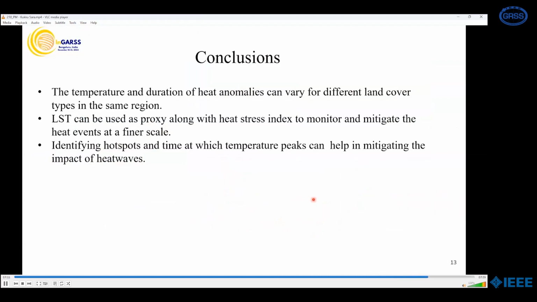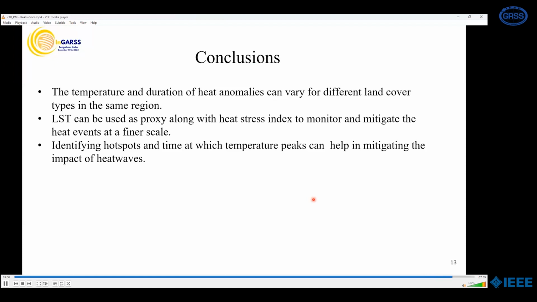Coming to the conclusions, the temperature and duration of heat anomalies can vary for different land cover types in the same region. Along with air temperature, LST can also be used as a proxy with a heat stress index to monitor and mitigate heat events at a finer scale. Identifying hotspots and the time at which temperature peaks can help in mitigating the impacts of heat waves.